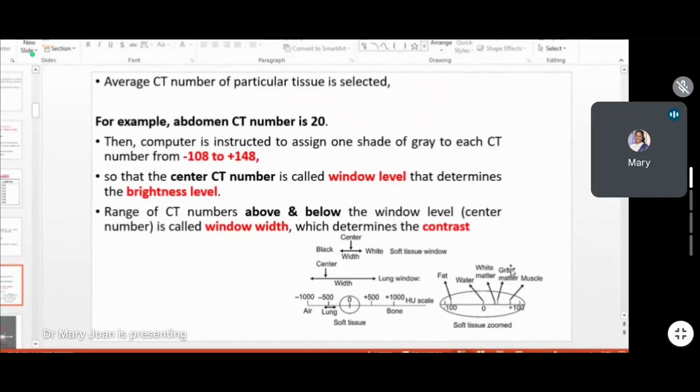White matter, gray matter, and muscles all have different CT numbers or Hounsfield units. So all fat in the body will not have exactly the same value. Within that window level or window width, the resolution will be lesser, but between different windows there will be better resolution.